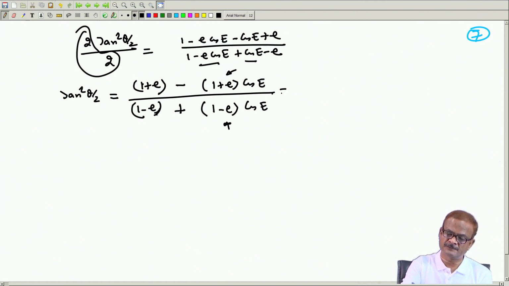So, as it appears from here, this becomes (1 plus E) divided by (1 minus E) times (1 minus cos E) divided by (1 plus cos E).